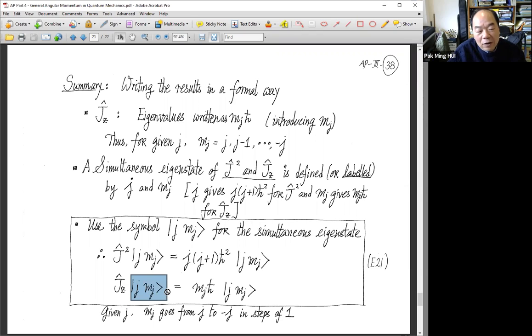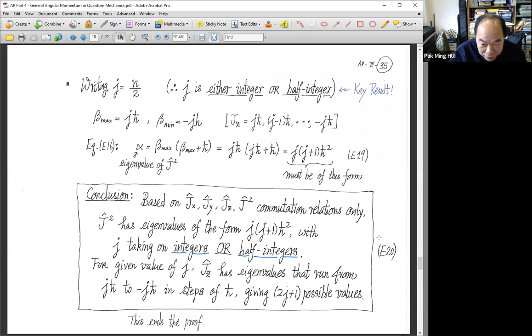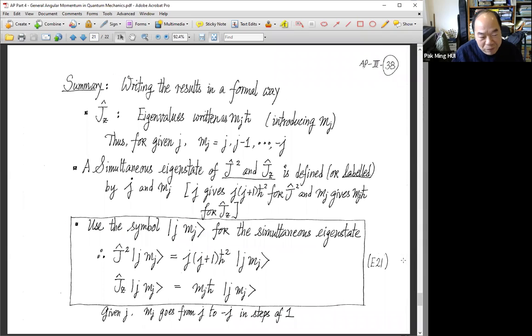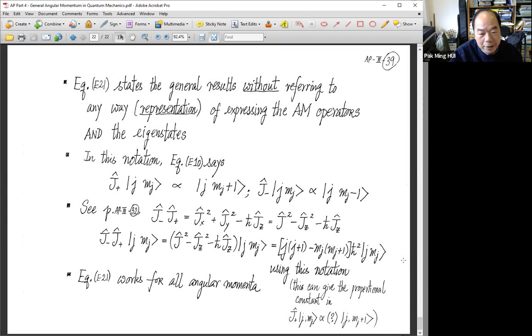All right, so 21 is the abstract form of 20. Okay, this is inverse. This is in the mathematical form. They mean the same thing, nothing fancy. All right. And now, this is slightly beyond our level, okay?